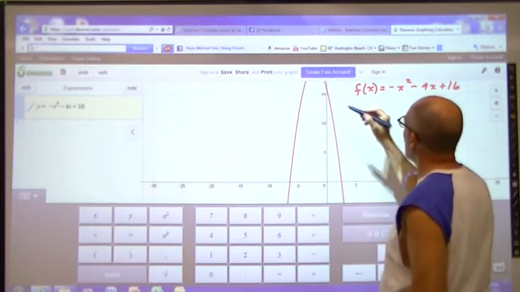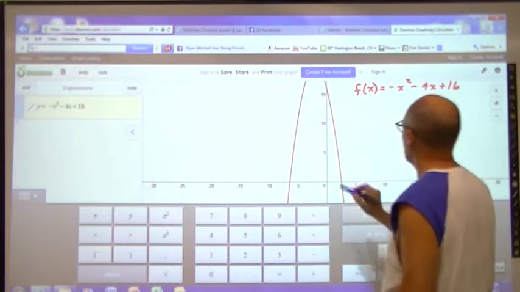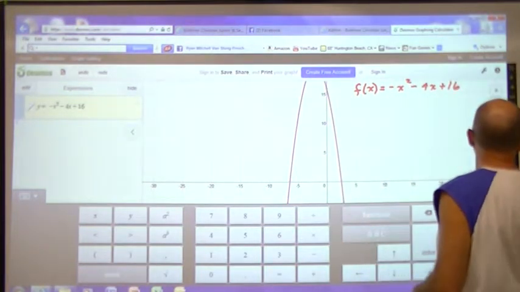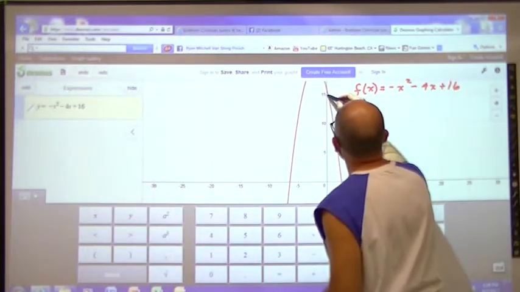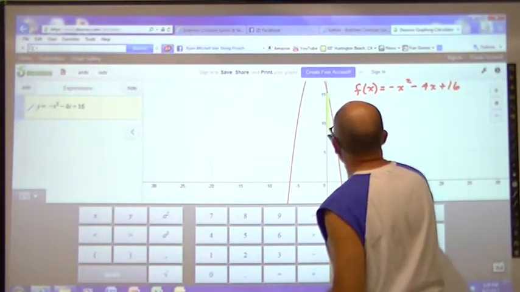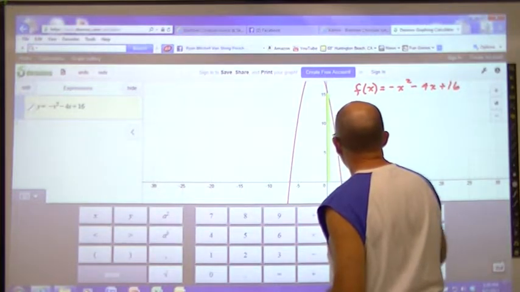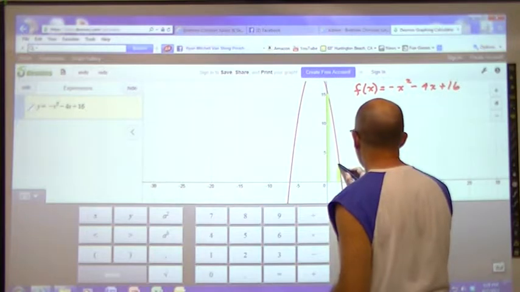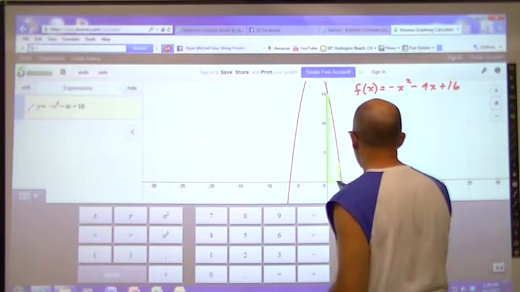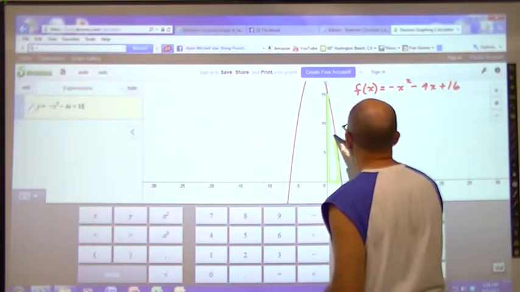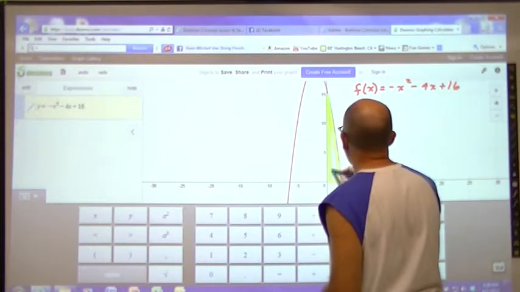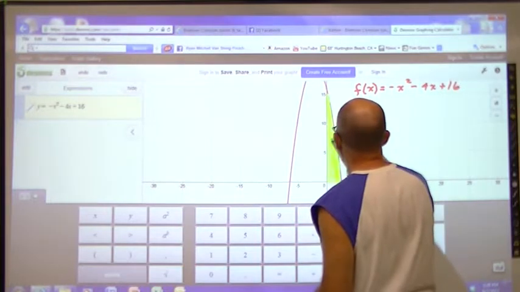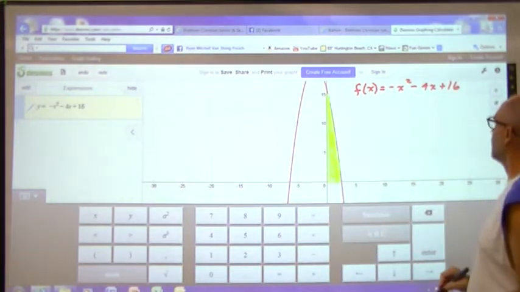And we want the area between x equals 0 and x equals 2. So basically what we're doing is we're getting the area under this curve from 0 to 2. That's the area we're getting.